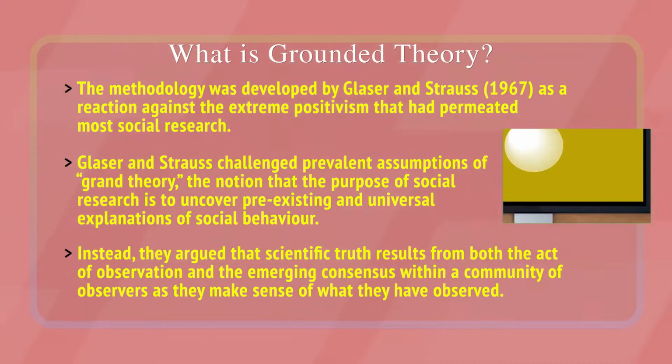Instead, they argued that scientific truth results from both the act of observation and the emerging consensus within a community of observers as they make sense of what they have observed. In this pragmatic approach to social science research, empirical reality is seen as the ongoing interpretation of meaning produced by individuals engaged in a common project of observation.